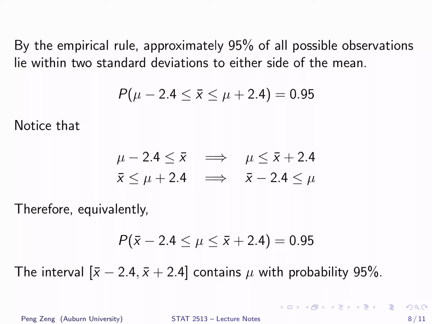In other words, a 95% confidence interval for mu is X bar minus 2.4 to X bar plus 2.4. Till now, we derived a formula to calculate a 95% confidence interval. After we have a sample, we can calculate the sample mean X bar, replace X bar by the number, and we get the confidence interval.